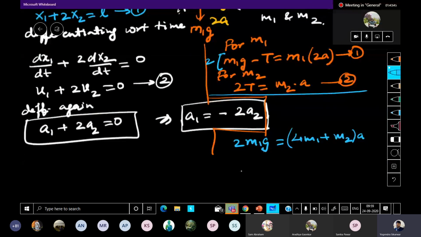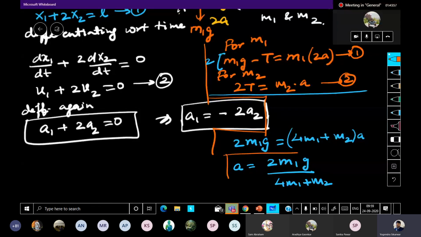A comes out to be 2m1g upon 4m1 plus m2.